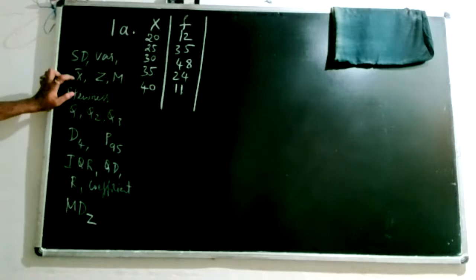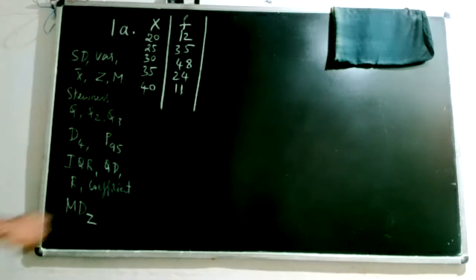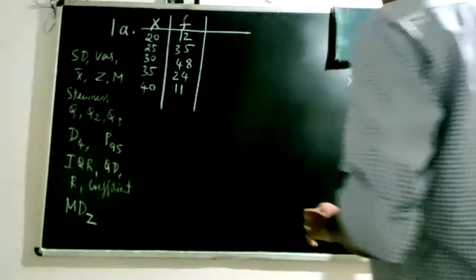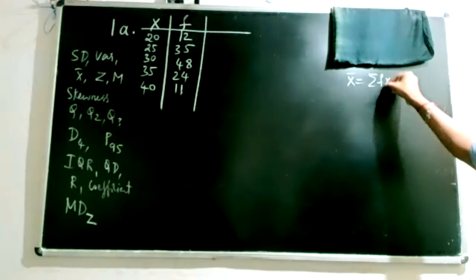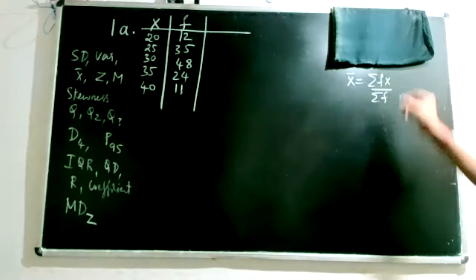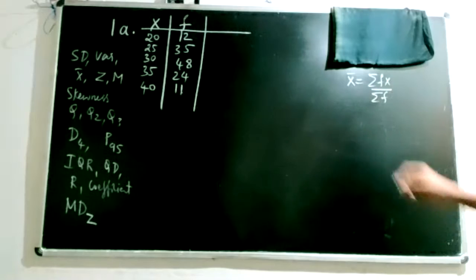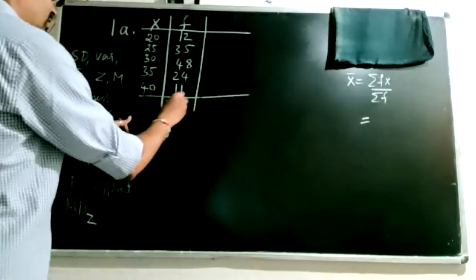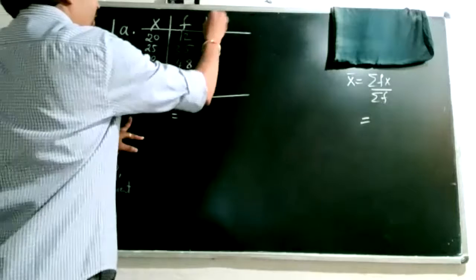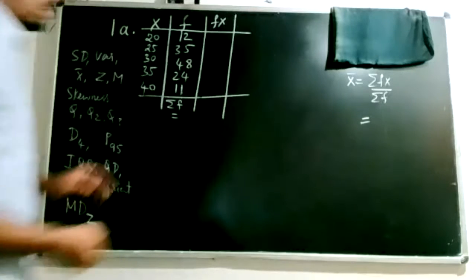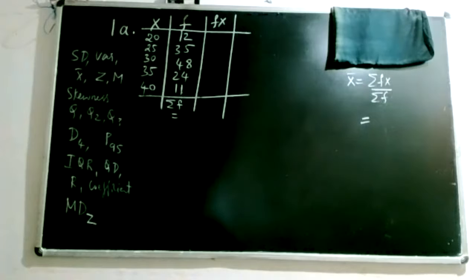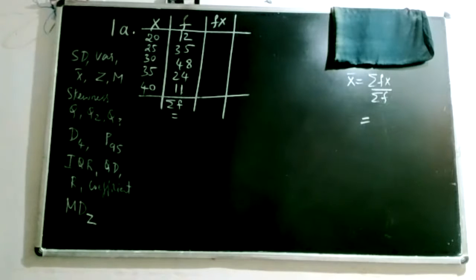Fine. So first step is finding mean. For mean, the formula is x bar is equal to sigma fx divided by sigma f, because we are talking about the frequency case. So I need total frequency and the values of fx. In the next column, multiply the values of f with the values of x.